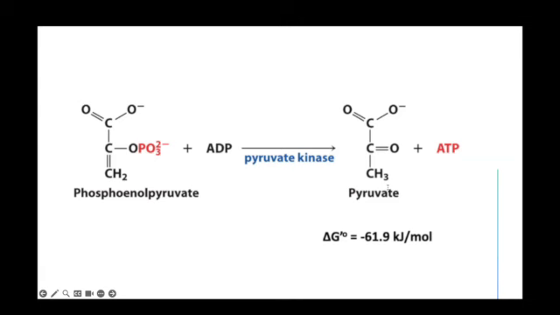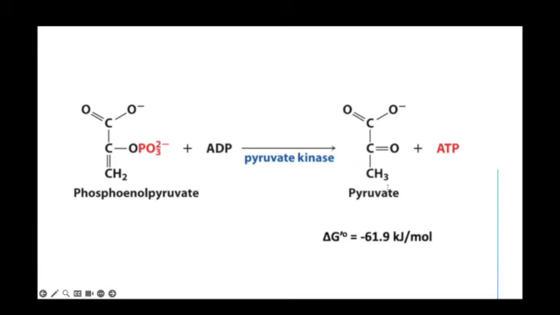So we now have our product, pyruvate. Well, we have 2 molecules of pyruvate per 1 molecule of glucose, and we have produced some free energy. Overall, 2 molecules of ATP, 2 molecules of NADH.